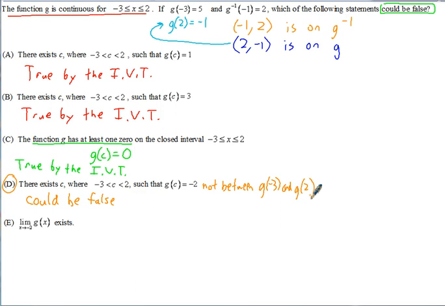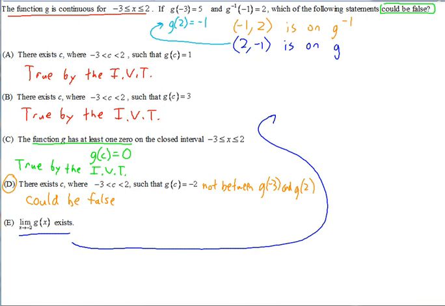And let's look at the very last one. That must mean this one has to be true, but let's see why. This one involves a limit. It says the general limit as x approaches -2 of g of x exists. The easiest way to see this one is graphically, probably. So we sketch a little graph here.